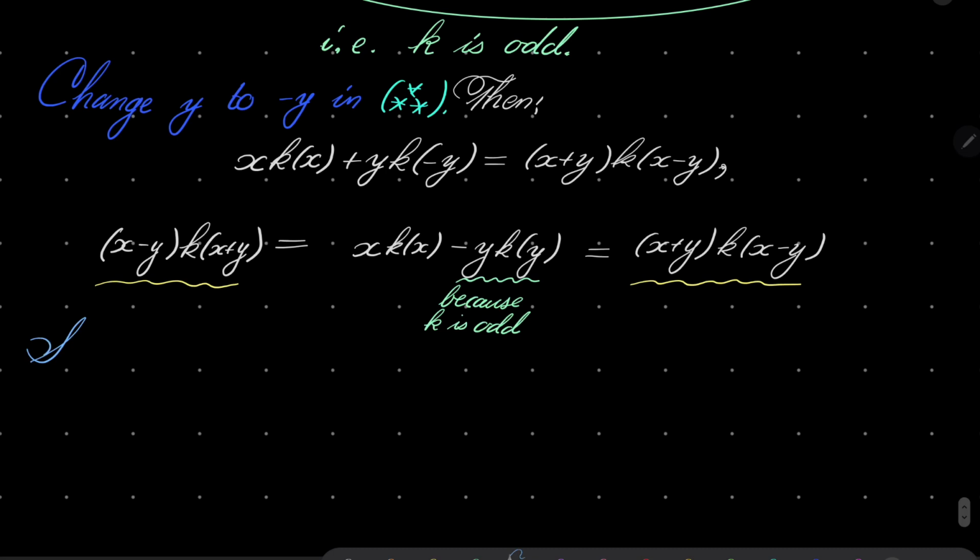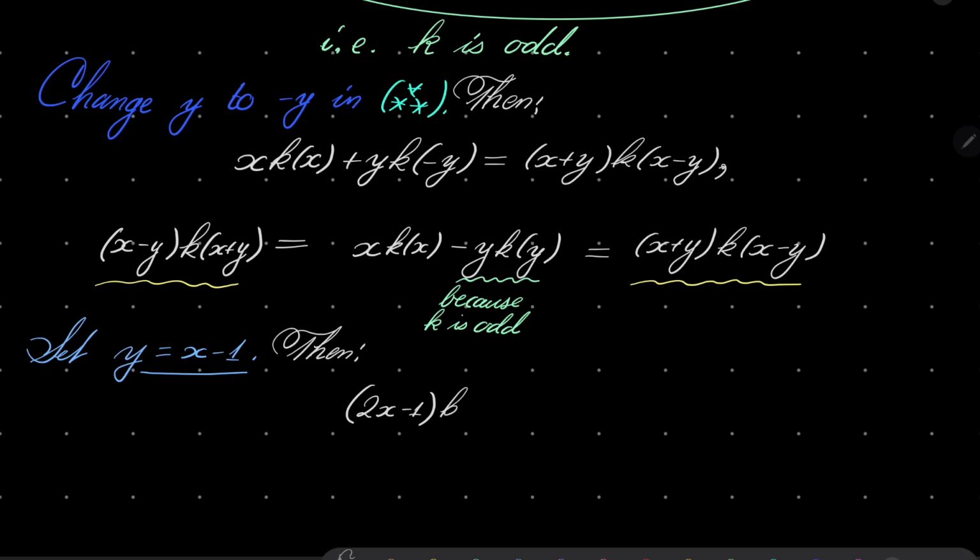In particular, I will set y to be equal x minus 1. Then we can derive the following fact. X minus y is 2x minus 1. Or you know what? No. Maybe I will do something else. All right, let's do it. Okay, x minus y is 2x minus 1, k of 1 equals 1 times k of 2x minus 1.